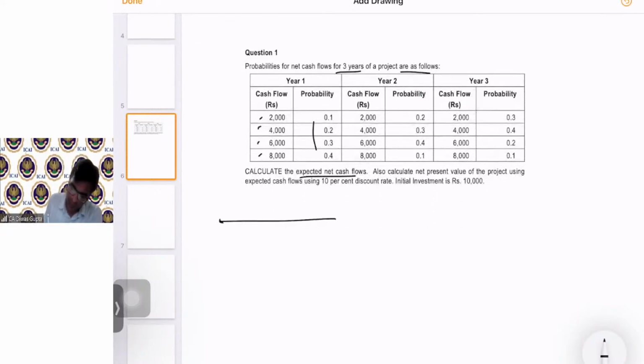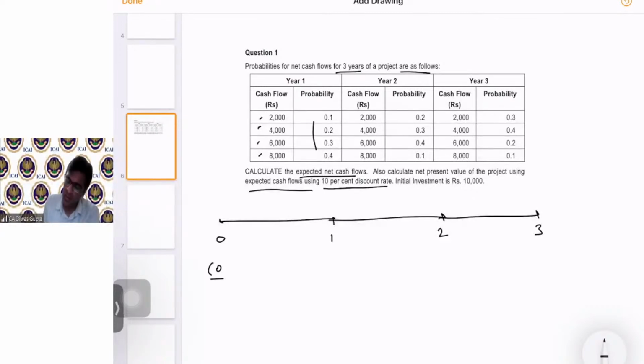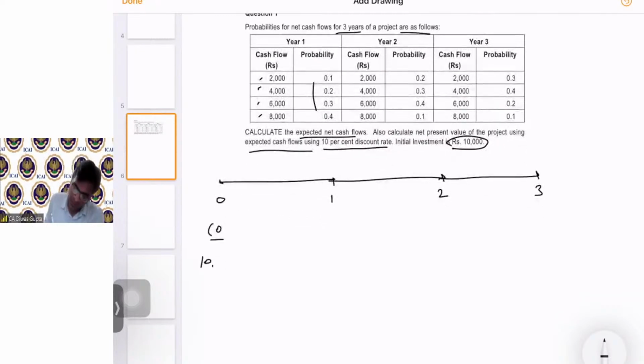Now, students, if I put it on a timeline, this is year 0, 1, 2, and 3. So year 0, cash outflow has happened. Have they given us that? Yes. Also, calculate the NPV of the project using 10% discount rate. Initial investment is 10,000. This is fixed.